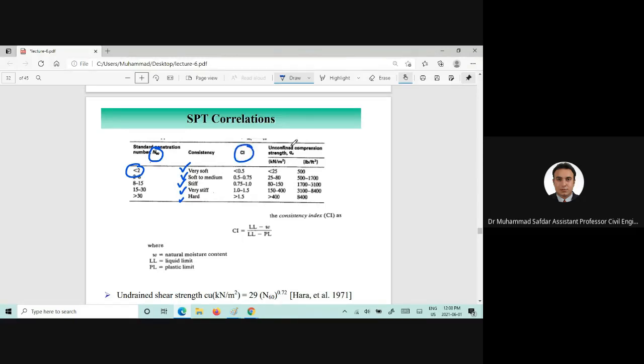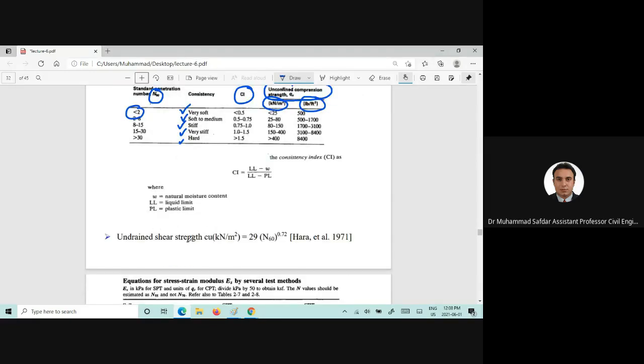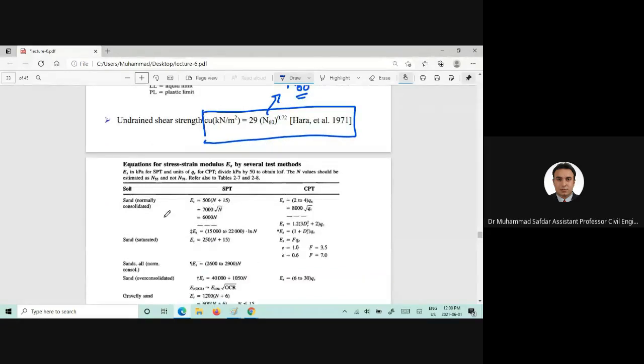We can also estimate the unconfined compressive strength in the foot-pound system and also the SI system. Now, if you want to use the undrained shear strength using a simple correlation with the N60 value, you can use the Hara et al. 1971 correlation.